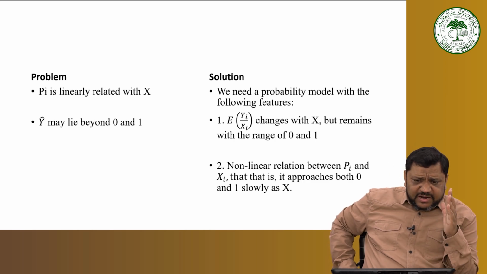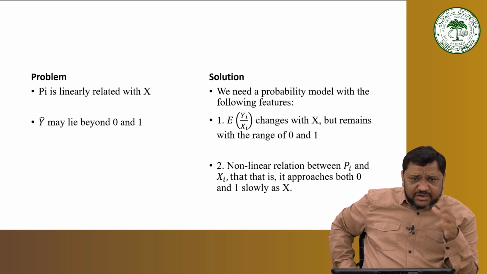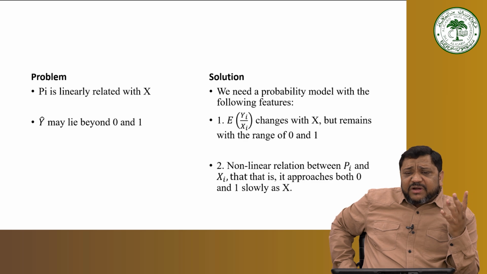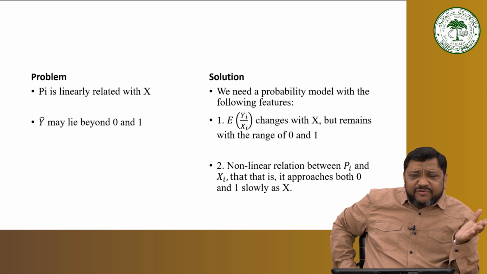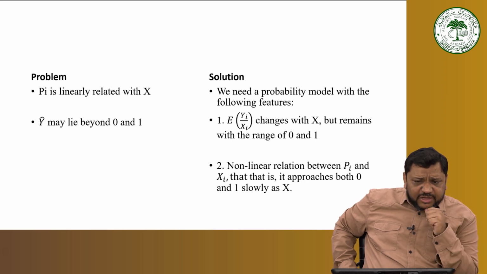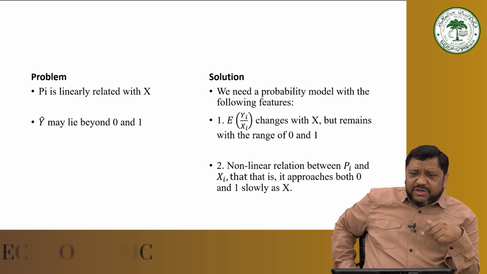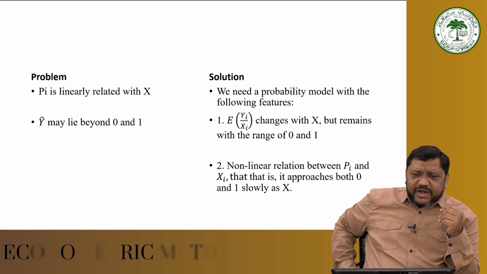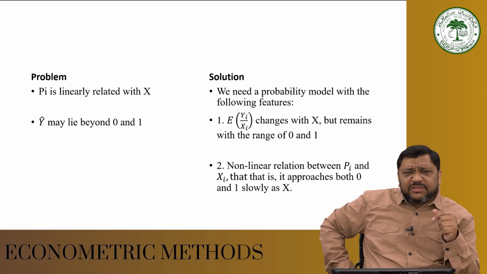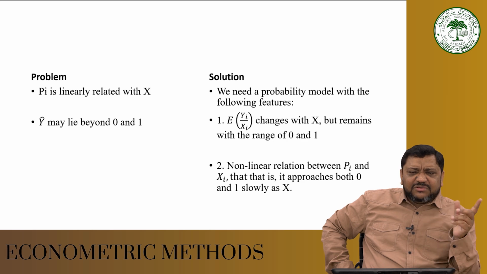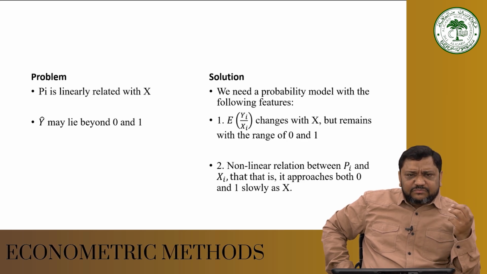Understand this linear relationship: the probability of an individual having a car increases by 20% when his income increases, say, from 5,000 to 10,000. And when the income increases from, say, 80,000 to 90,000, his probability of having a car again increases by 20%. This doesn't look logical.